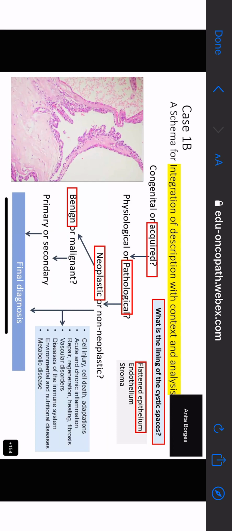It's cuboidal, of course they are. But how do we describe an epithelial cell, or any cell for that matter? What are those things that we say about cells? The shape, ma'am, it looks cuboidal with a basally located nucleus and moderate eosinophilic cytoplasm. You have a cuboidal cell. What do you mean by basally located? Sorry, ma'am, it's centrally located. Yes. All right. Then?